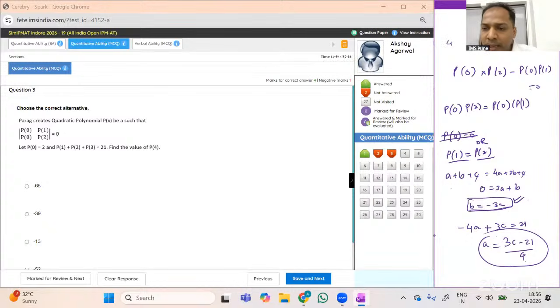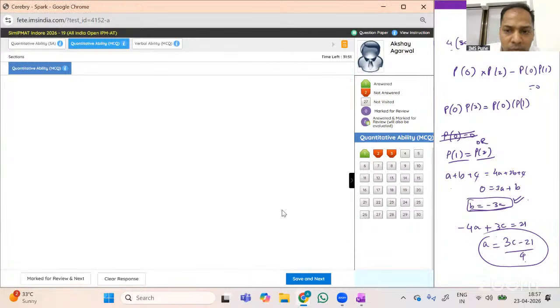So that's 4A, and that will be simply 3C minus 21. And then there'll be a plus C. Not sure. Let's move on. Mark this for later. I think I'm missing something.